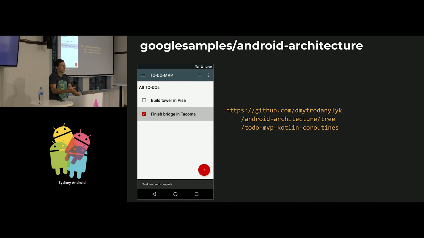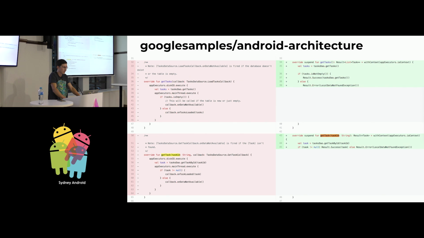Whenever you open the official repository, in the README file, there's external samples. When you go there, there should be a link to my sample. This sample was reviewed by Googlers, and it was polished, so everything should be okay there.